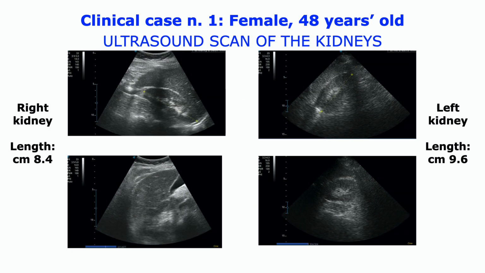Further evidences of diffuse glomerular damage came from the second step, namely the imaging tests such as A. Echo Doppler. Both kidneys were smaller than normal, the right one being 8.4 and the left one 9.6 centimeters in length.